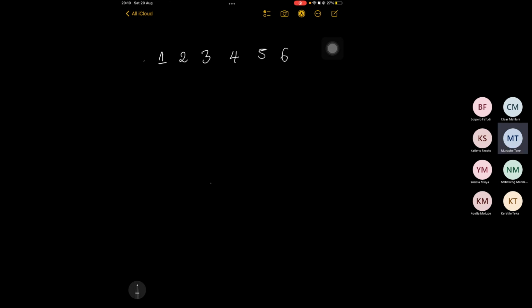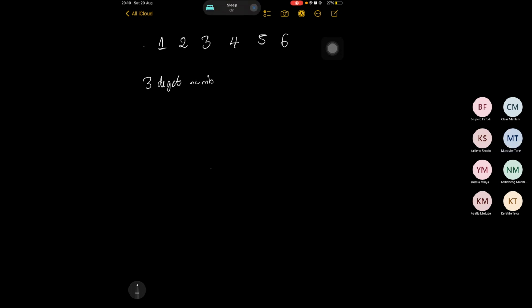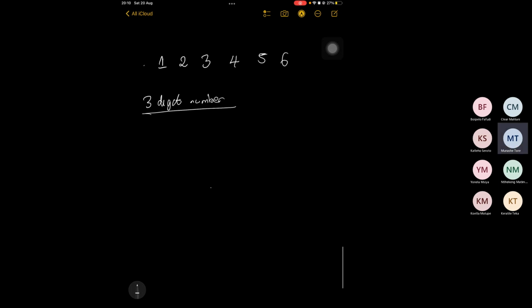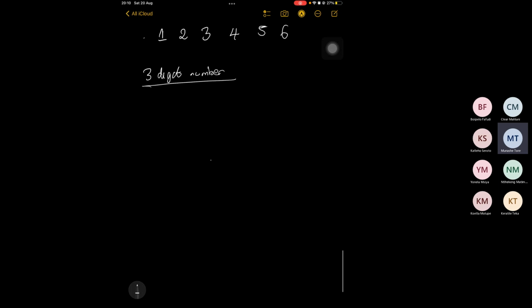Then they tell you that we want to come up with a 3-digit number. So of the 3-digit number, now we are given certain conditions.